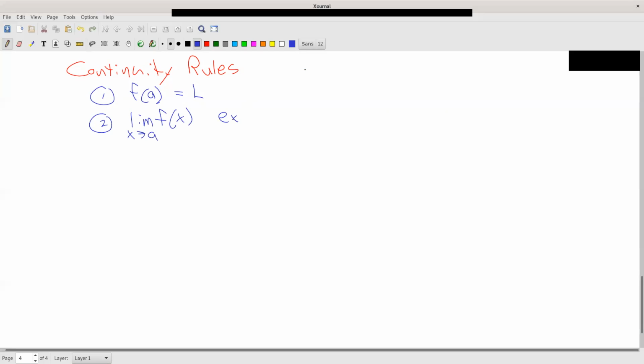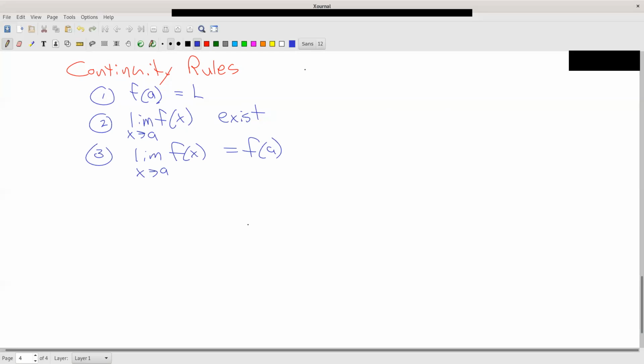So we want that to exist. And the third thing is we want these 2 things to be equal. We want the limit as x approaches a of the function to actually be the function value at a. All right, so if those guys match up, we're good.